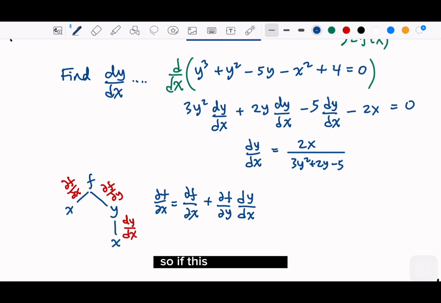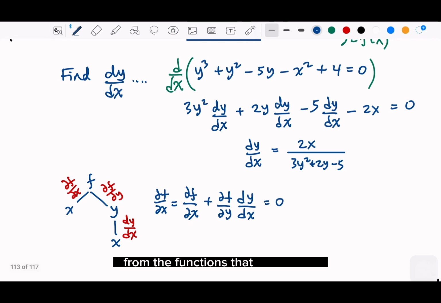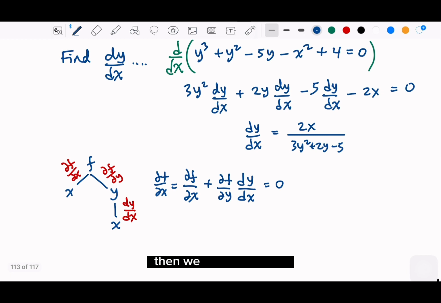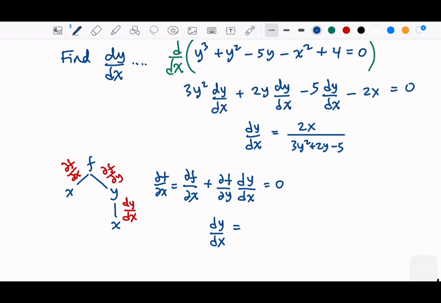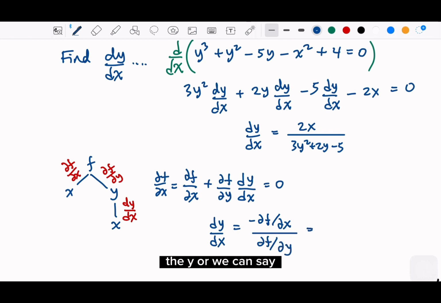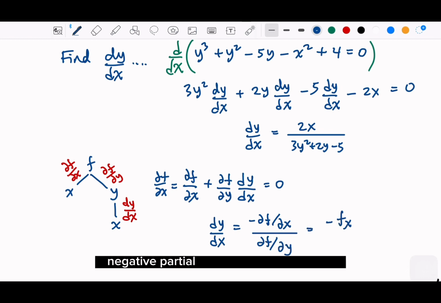So if this is equal to 0, from the functions mentioned, then we could write dy/dx from here as negative ∂f/∂x over ∂f/∂y, or we could say negative partial x over partial y.